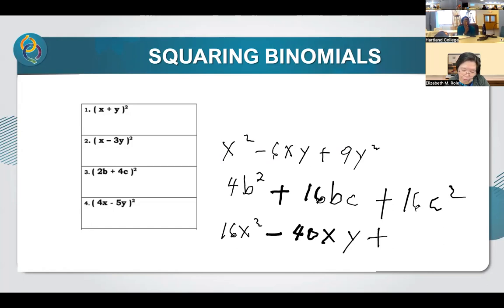So plus the last term will always be a plus, okay? Plus 25y squared. That's what I meant. Very good.